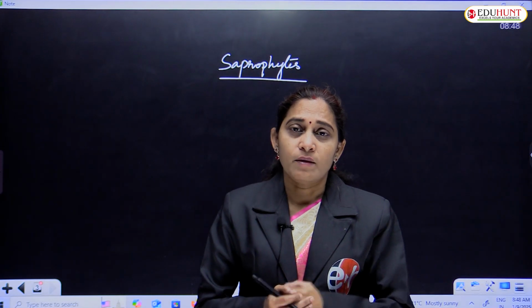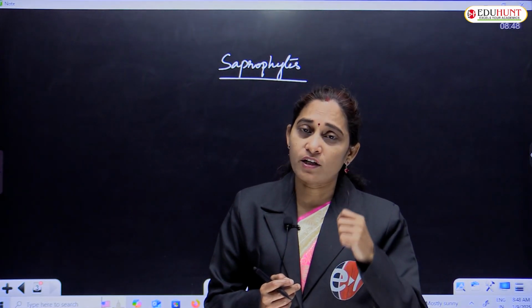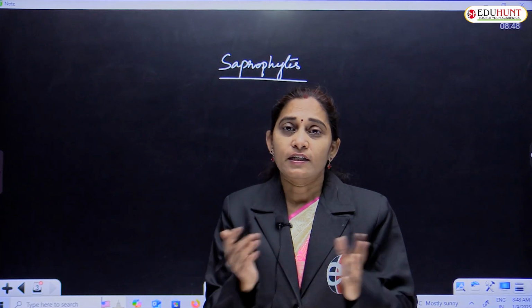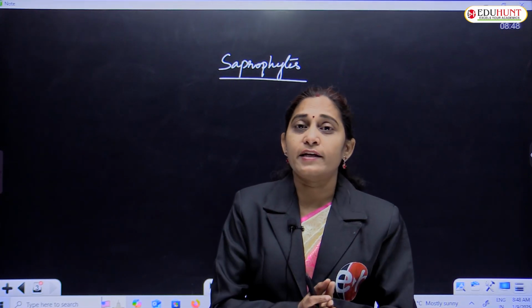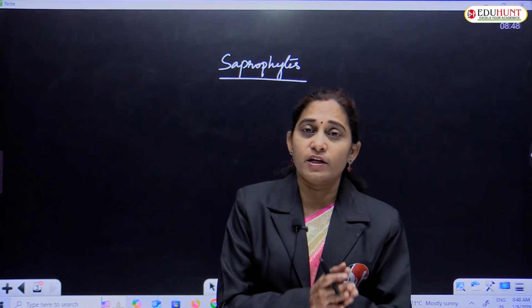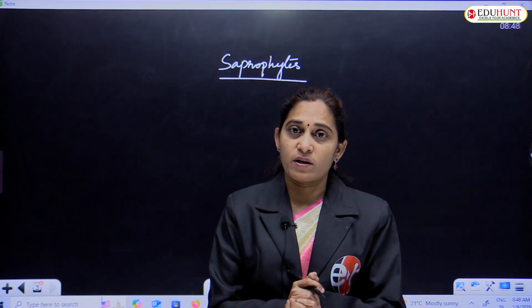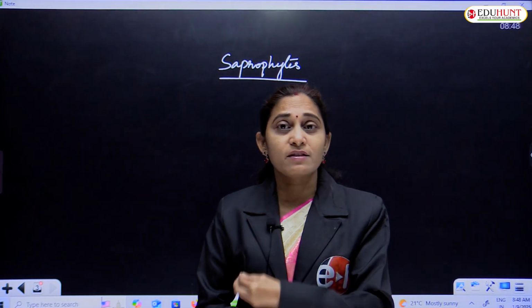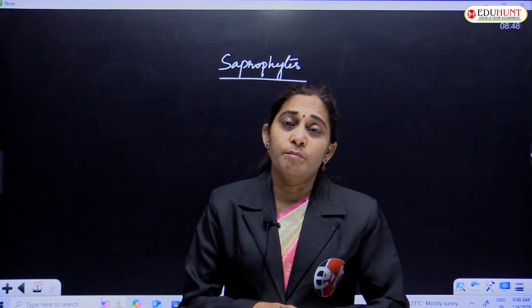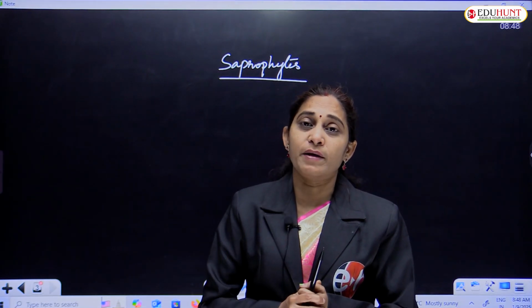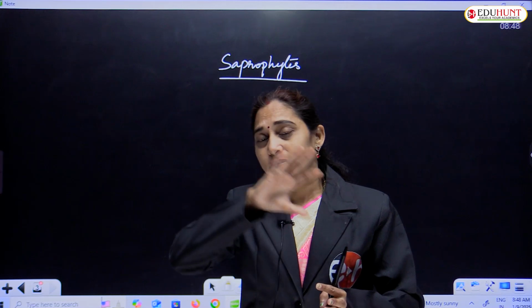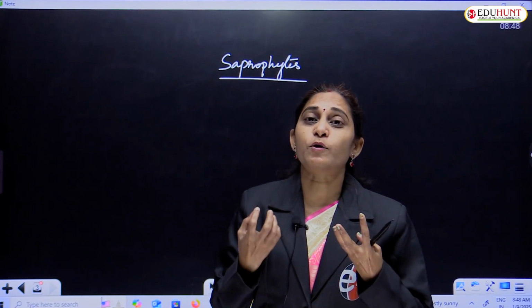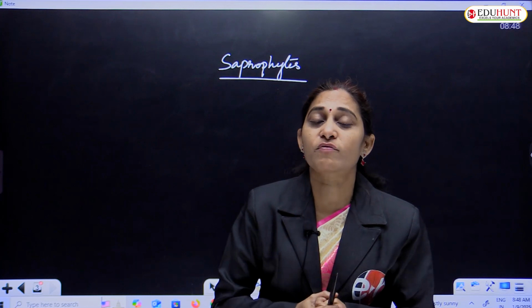They become powder because of the action of organisms called saprophytes, which convert the complex organic materials into simpler ones. They digest the complex materials and make simple materials. They also get into the soil and improve the fertility of the soil.